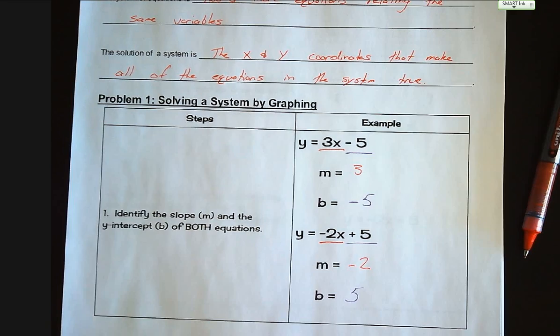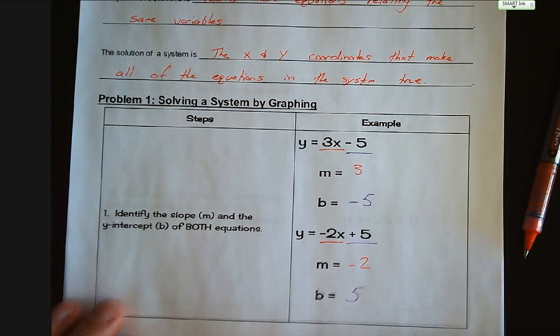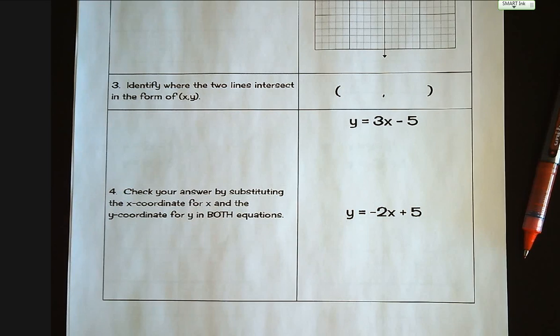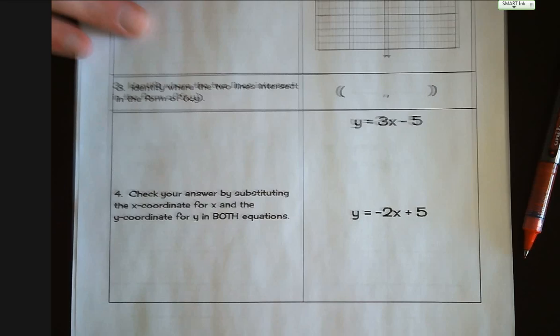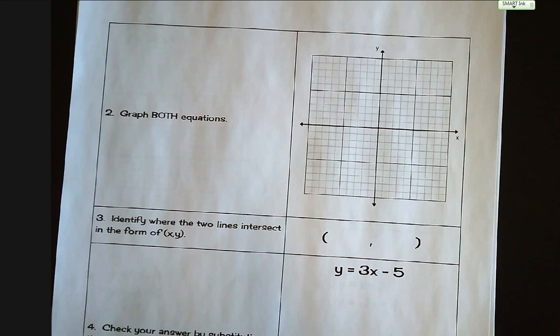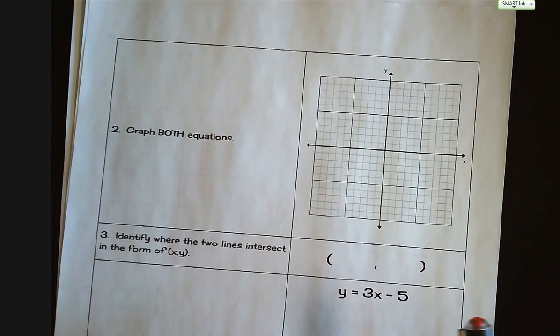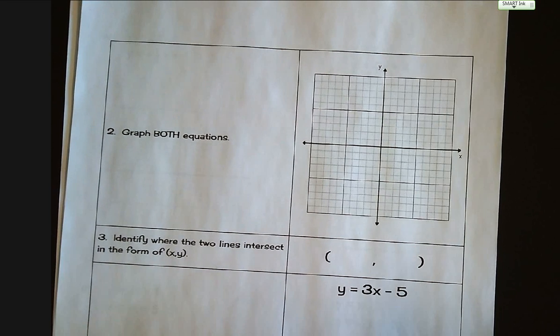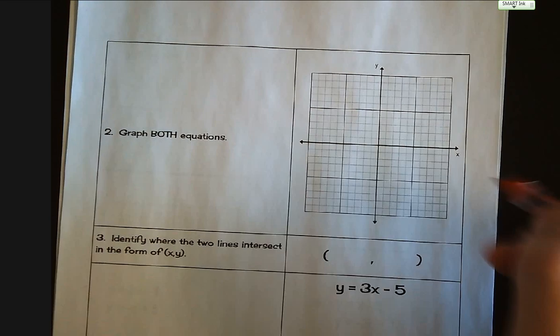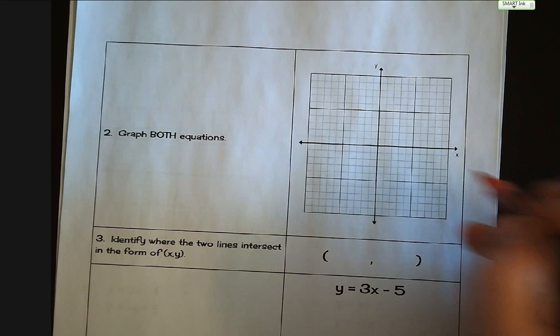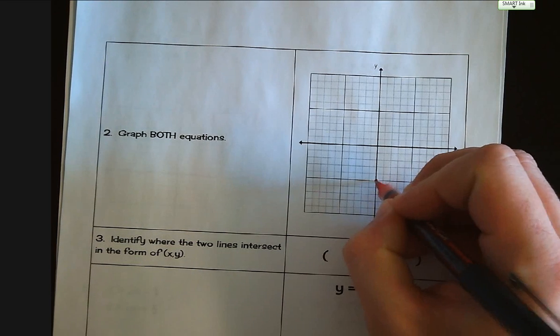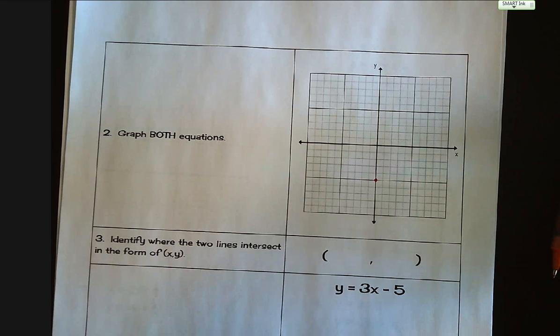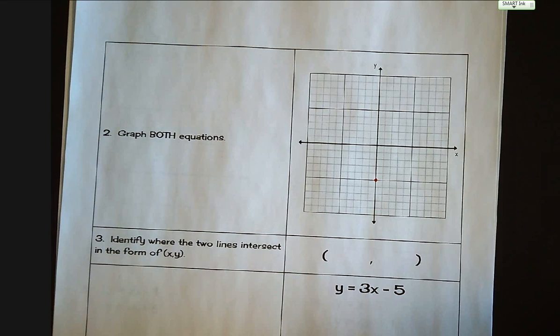So now we're going to use those 2 pieces of information for each equation, and we are going to actually graph them. Oh, look, Mrs. Urzo's class, nice graphs. Don't complain. All right. So we're going to graph both equations. So the first equation, we have a y-intercept at negative 5. So we're going to put a point at negative 5. And our slope is a positive 3.